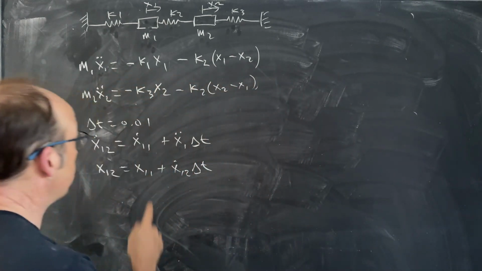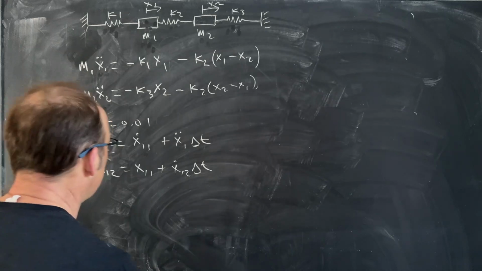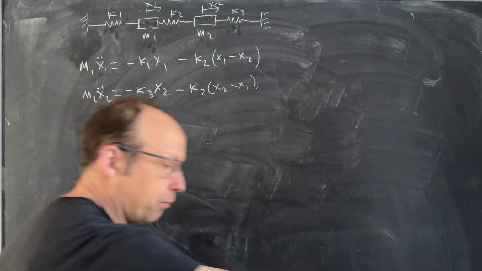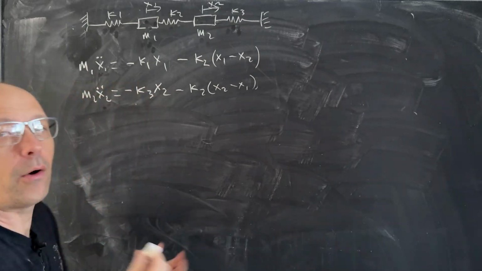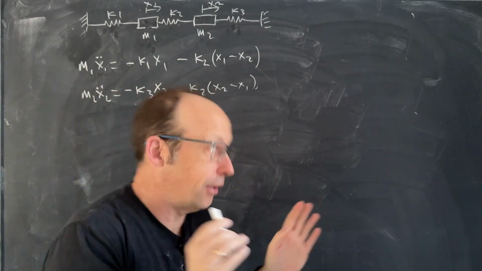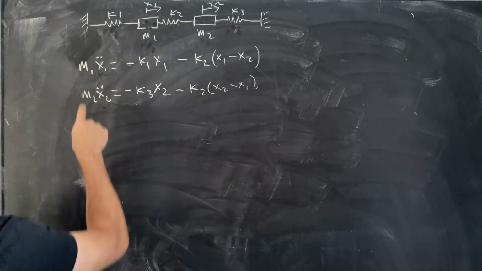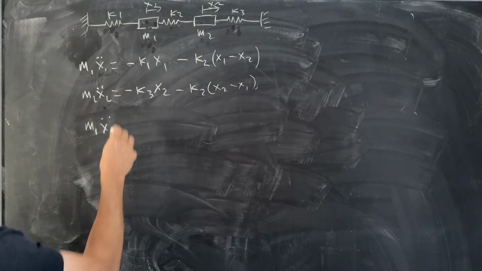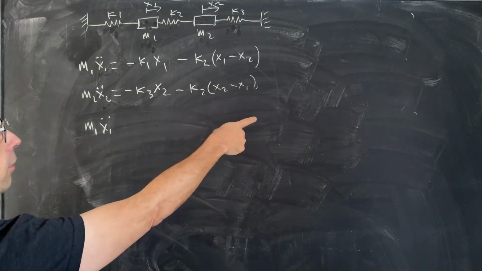The first thing I want to do is to rewrite these two equations, because I know how this works. It's not like I'm just doing this randomly. So I'm going to write this equation right here, m1 x1 double dot. Now I want to get all the x1 terms and then all the x2 terms.